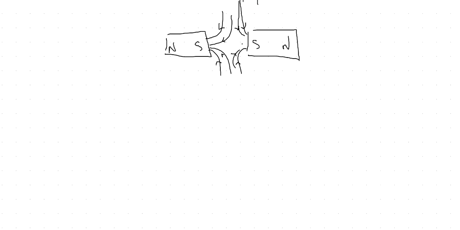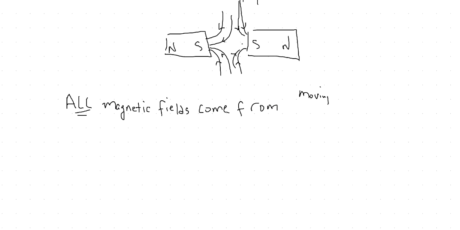I want to say that all magnetic fields, not some, all magnetic fields come from, and I could use different words here, I don't care, moving, or accelerating. I'll accept any of these. A lot of times I use the word wiggling. You'll see what I mean in a second.